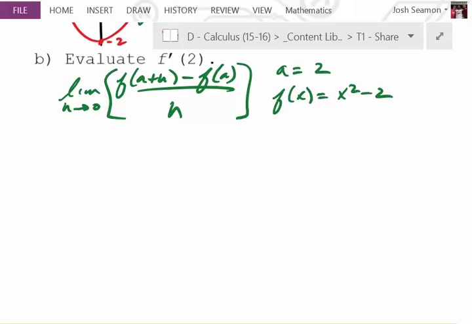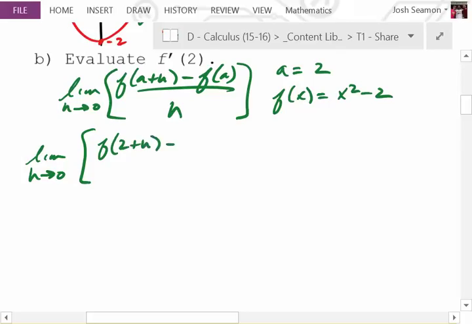I want you to start these with that information so that you have a consistency of presentation. So now it's literally plug it in. You have the limit as h goes to 0 of f of 2 plus h minus f of 2 all over h. But f is x squared minus 2. So what does this become?